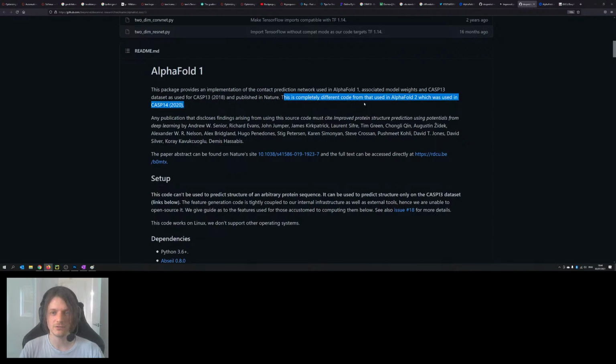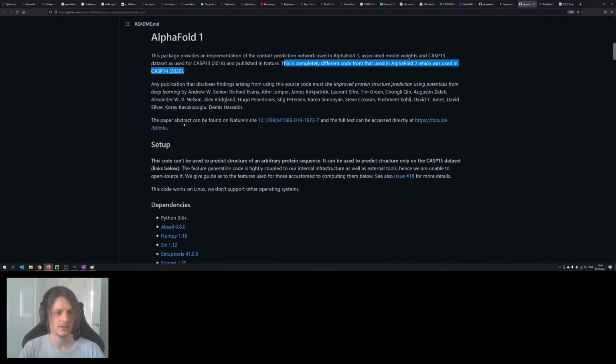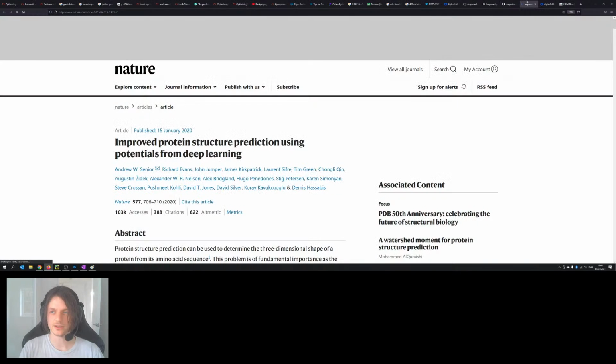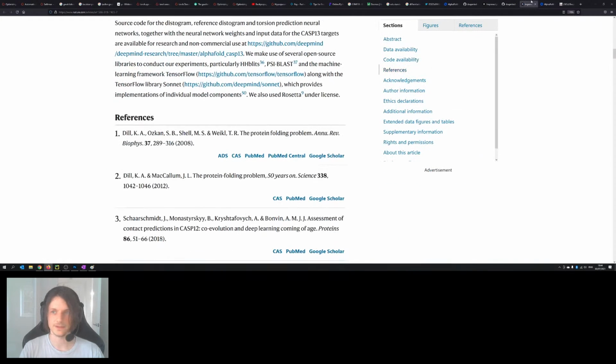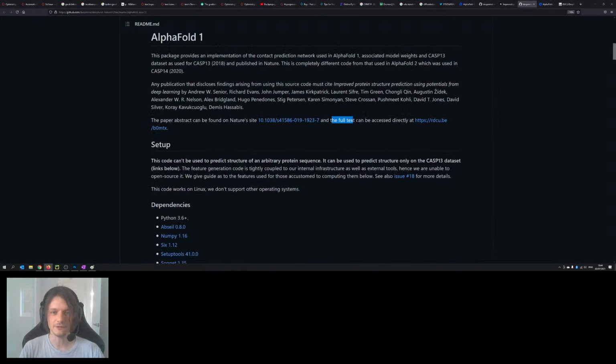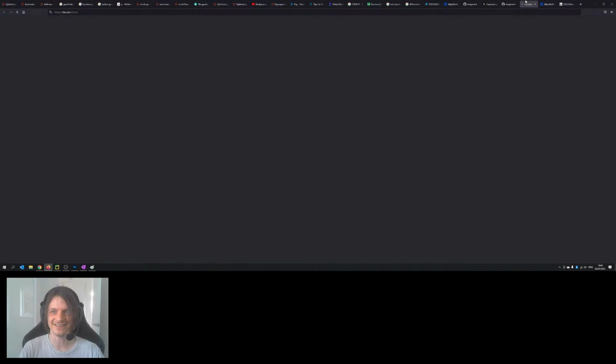It's a completely different code from that used in AlphaFold 2. The paper abstract can be found on Nature's site. Let's just have a look at that. That's the one we just had a look at, right? Yeah. Abstract. Cool. And the full text can be accessed directly here.